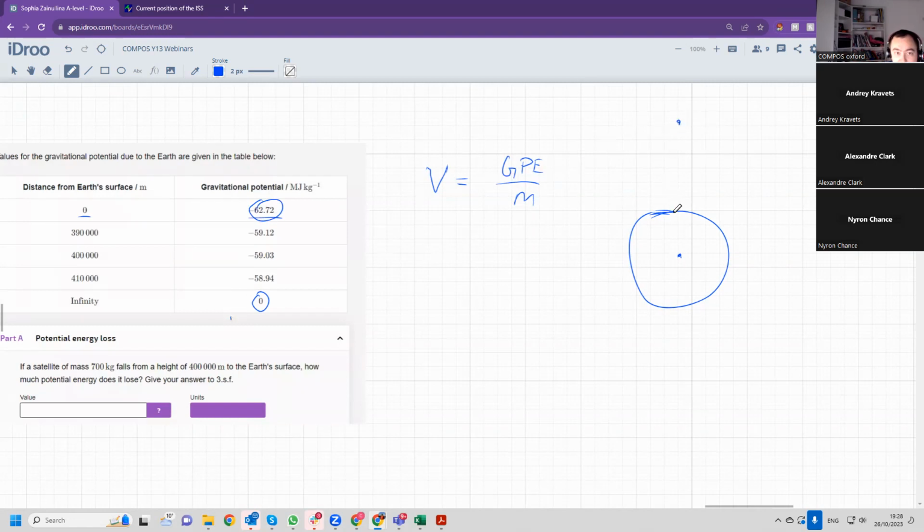If you fall from infinity to the surface, but if you fall from infinity to the center, surely you will gain even more kinetic energy. Therefore, it's not. If you fall from infinity to infinity, you gain 0 joules of energy. If you go from infinity to the surface, it's 62.72 megajoules per kilogram. And if you drop to the center, that's even more. So no, definitely not.